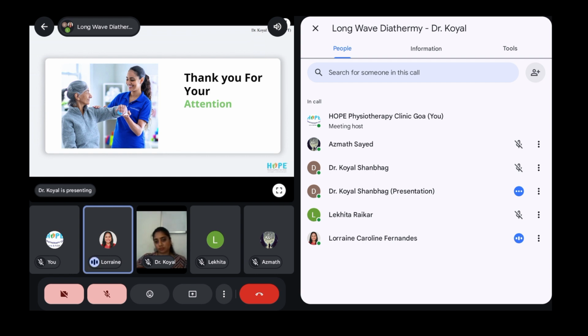But nothing can replace exercise therapy. So remember, as a physiotherapist, our main thing is exercise therapy. But we have a lot of tools like these equipments to help us do our job better.